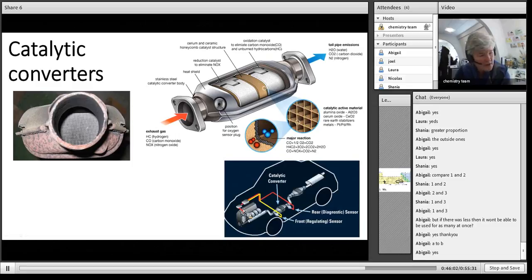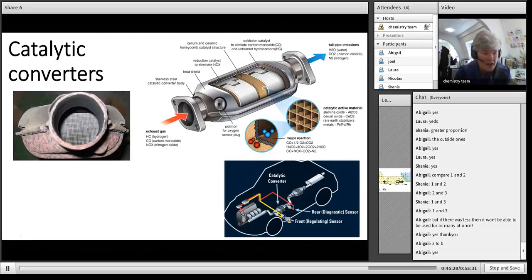So if you've got your engine over here, it's directly behind your engine, and you have an oxygen sensor in the front feeding back to your computer, and you've got your oxygen sensor at the back. Because if you've got too much fuel moving through that's unburnt, it damages and poisons your catalytic converter.